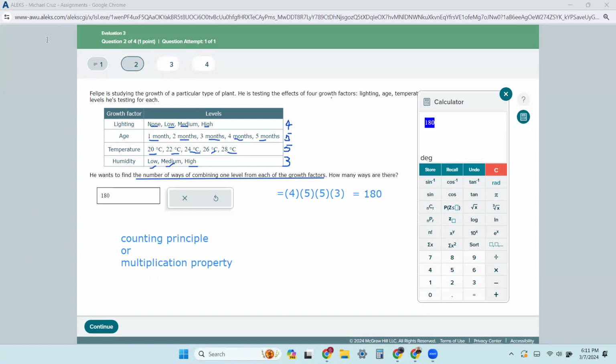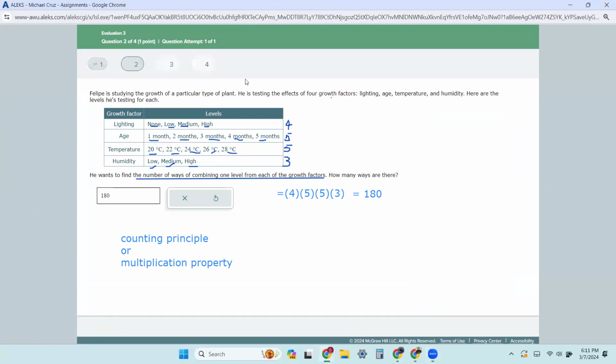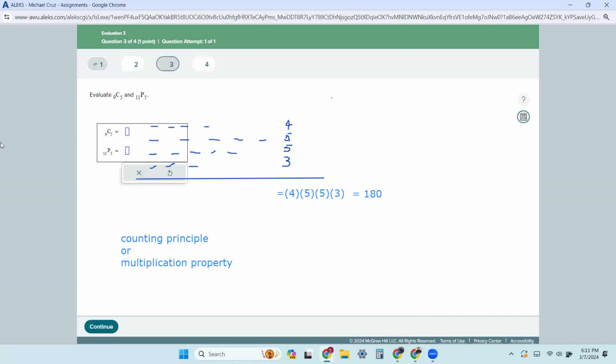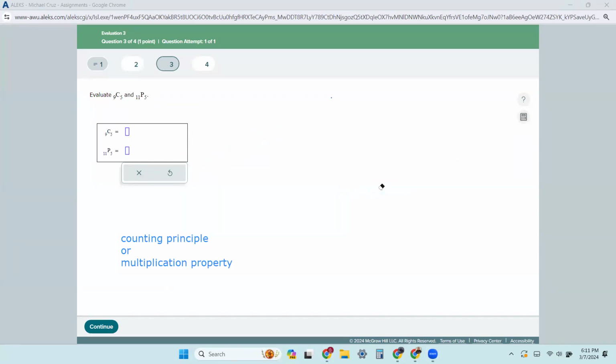All right, let's look at number 3. We're given a couple of expressions to evaluate.